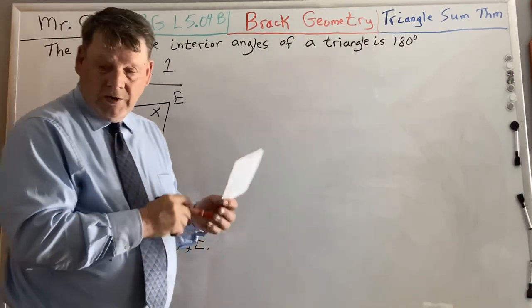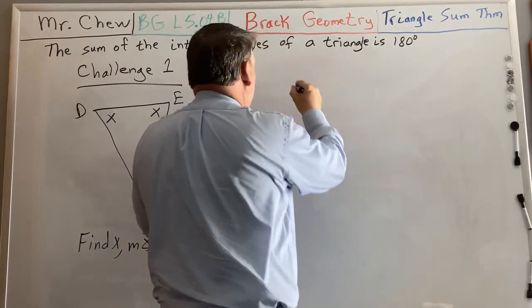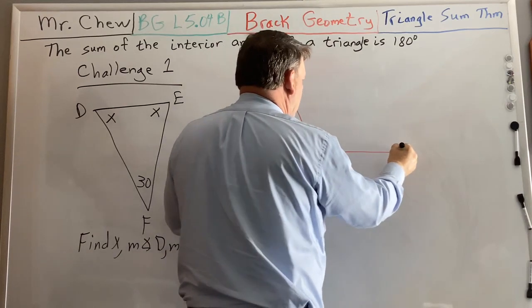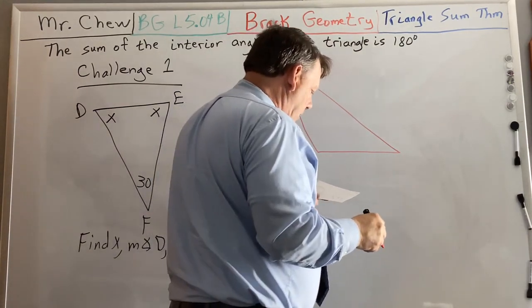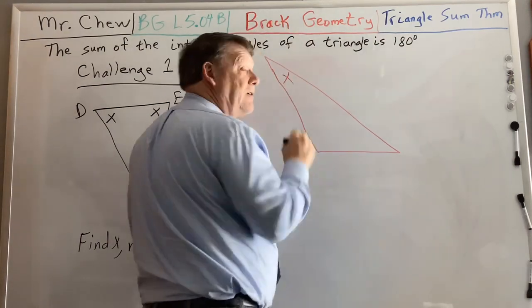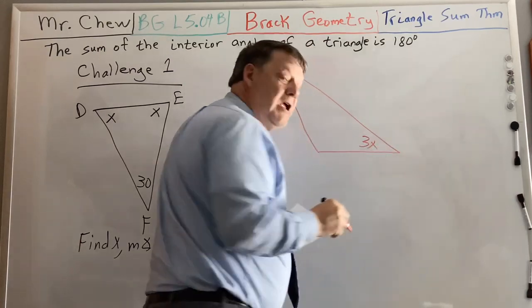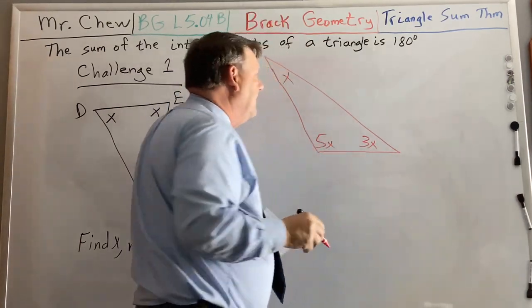All right, this is the one that's a little harder to draw. It's saying that this angle is measure x, this angle is measure 3x, and this angle is measure 5x.